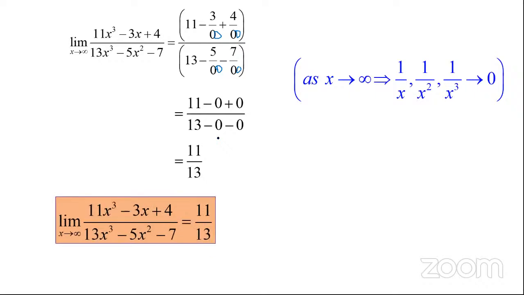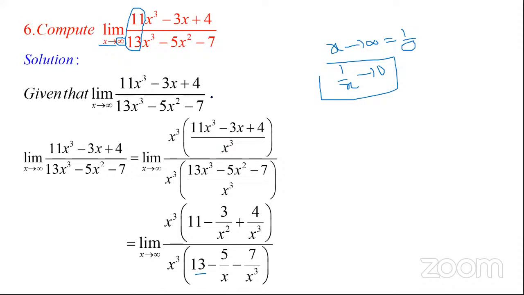Okay, next. So this is the solution for the given question. Most important, these are direct answers for these types of questions. In the question, you just have to take the highest coefficients from the numerator and the denominator as the answer. For the explanation: limit x tends to infinity of 11x cube minus 3x plus 4 by 13x cube minus 5x square minus 7.